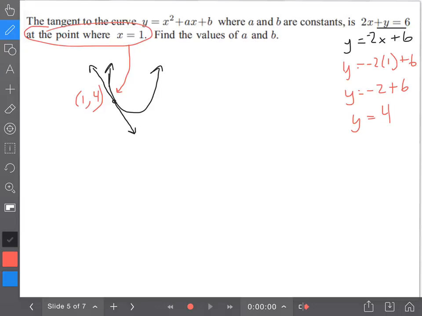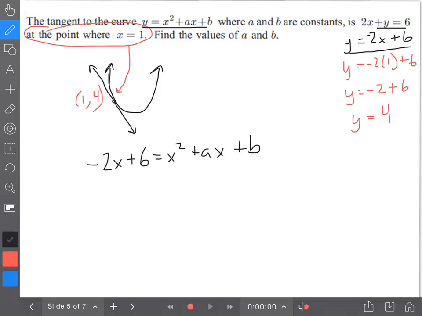So I've already got y equals x squared plus ax plus b, and y equals negative 2x plus 6. I'm going to substitute negative 2x plus 6 for the y there. So I'm going to get one equation that looks like this: negative 2x plus 6 is equal to x squared plus ax plus b.